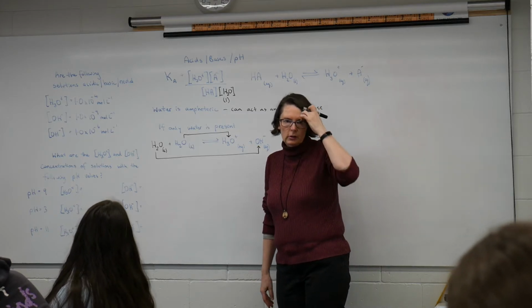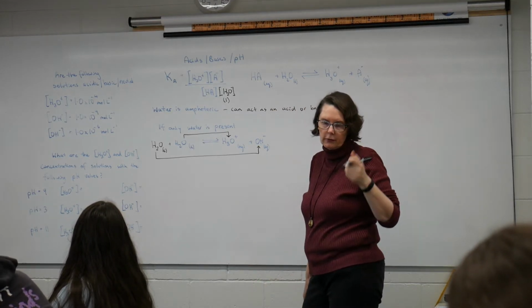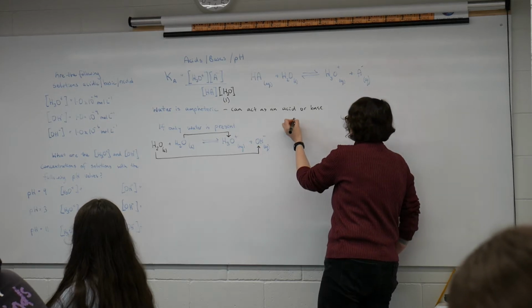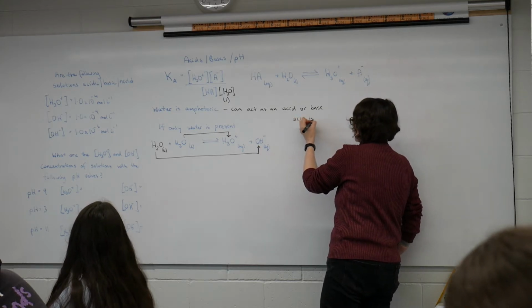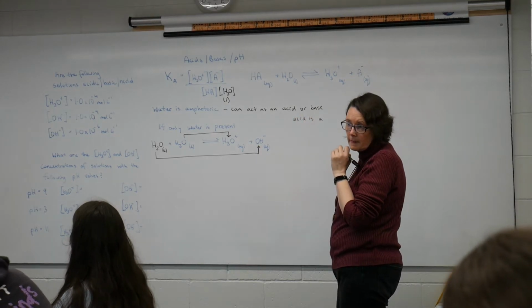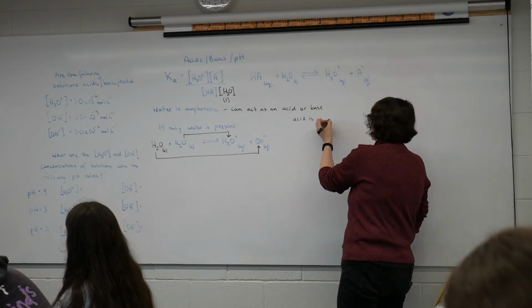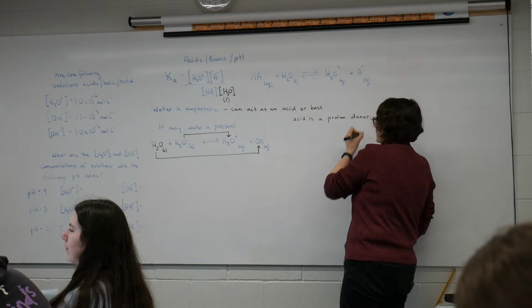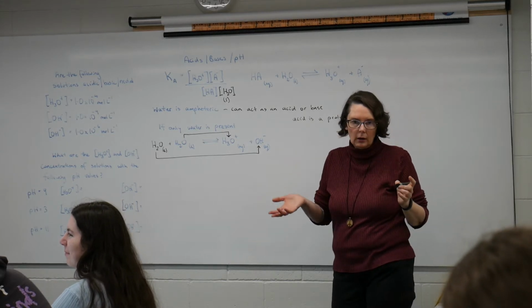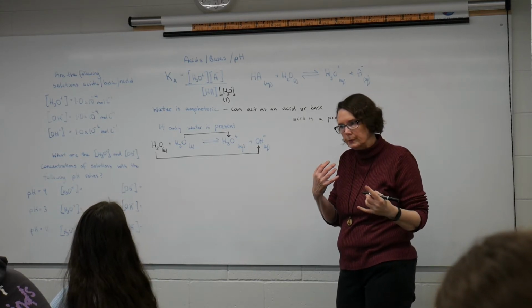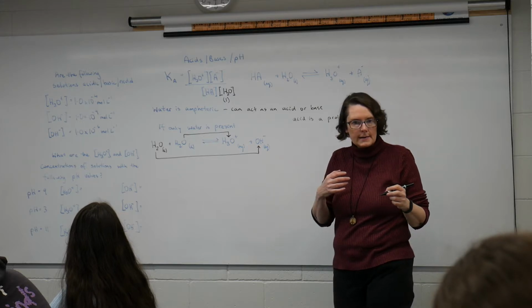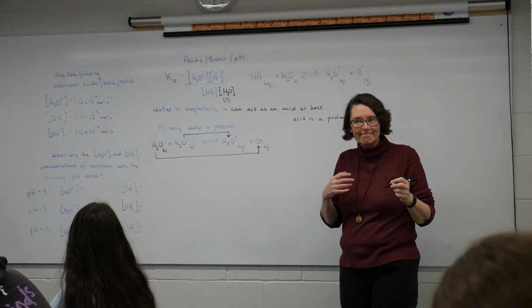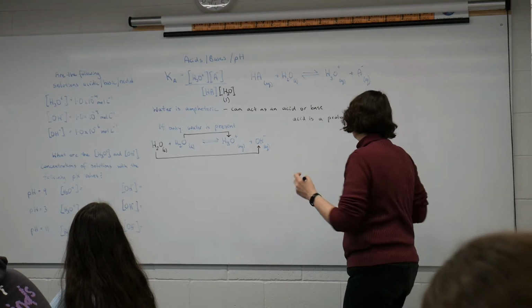Because what is the Lowry-Bronsted definition of an acid? A proton donor. So what's a proton? How else can we represent a proton? Hydrogen ion.